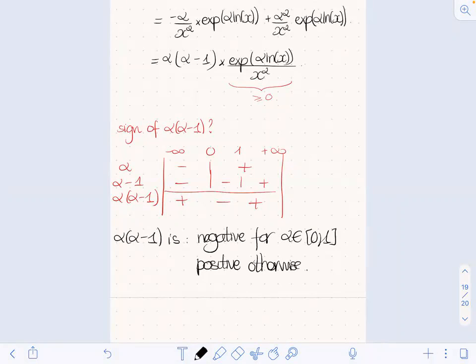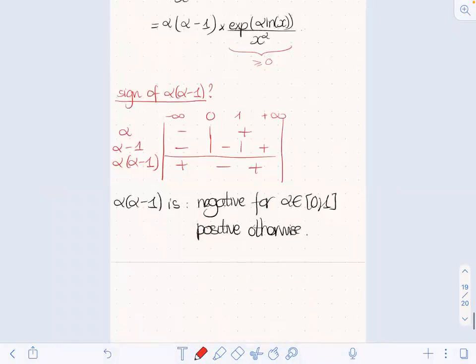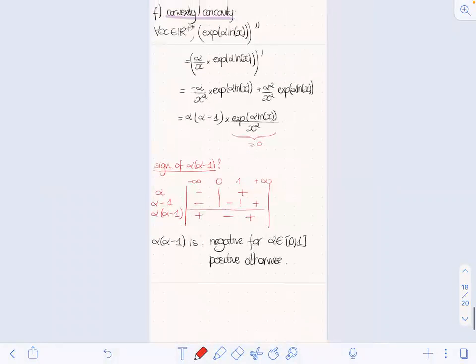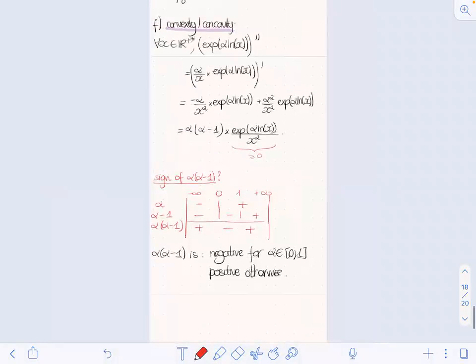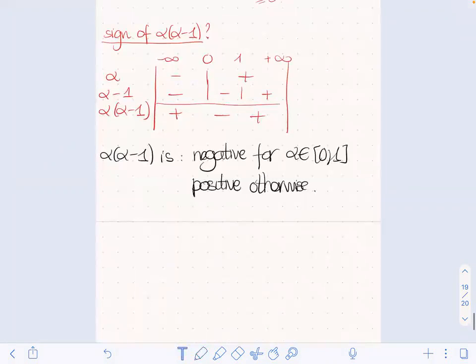So what does that tell us about the convexity or concavity of our functions? It is convex between minus infinity and 0 and between 1 and plus infinity, and concave between 0 and 1.